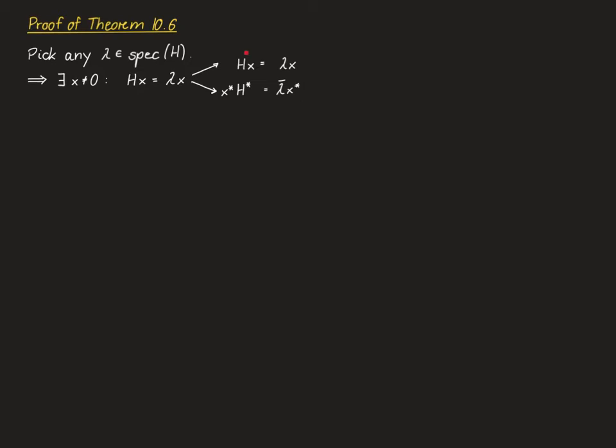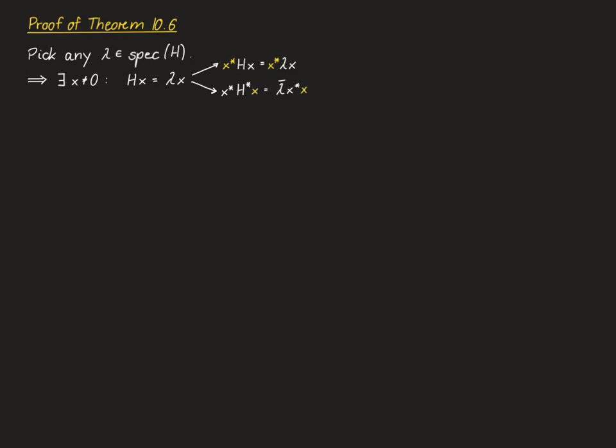In the first case, we leave the equation as it is, and in the second case, we take the adjoint on both sides of the equation, which yields that x star H star is equal to the complex conjugate of lambda times x star. Then we multiply the first equation from the left with x star and the second equation from the right with x.